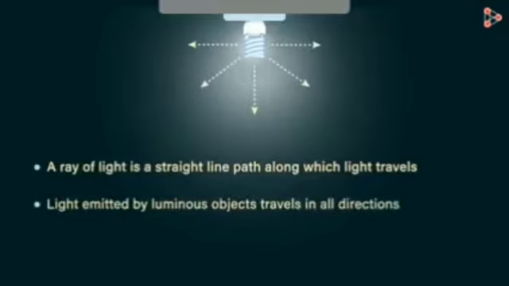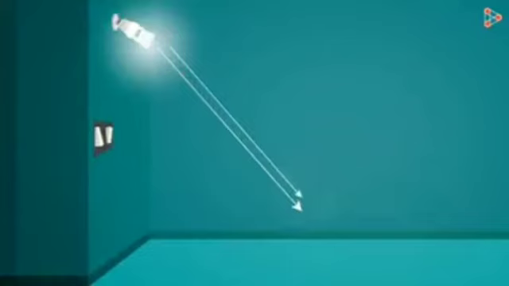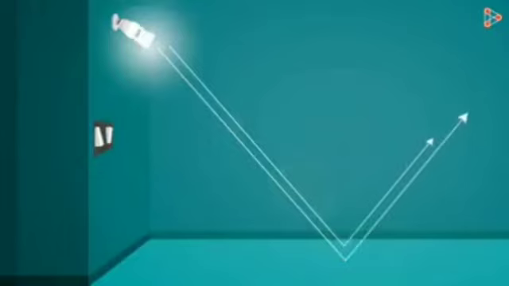Thereby we can say that light emitted by the luminous objects travels in all possible directions. Just observe here. Suppose a ray from a fluorescent bulb falls on a surface. If it is non-luminous, it reflects this light. These reflected rays travel along a certain path.